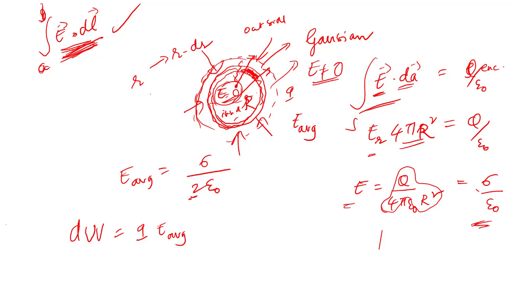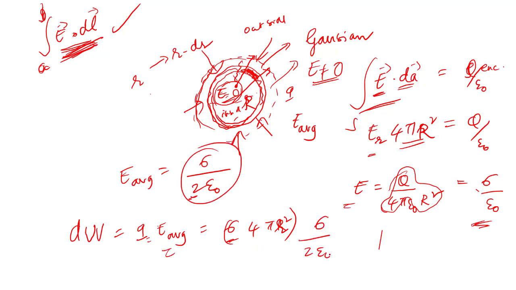And the total charge here is sigma times 4 pi r square. That's the total charge on the spherical shell, where sigma is the charge density, and the average electric field is sigma by 2 epsilon naught. And so this is the E average.